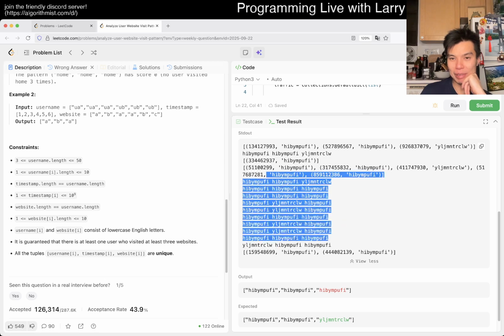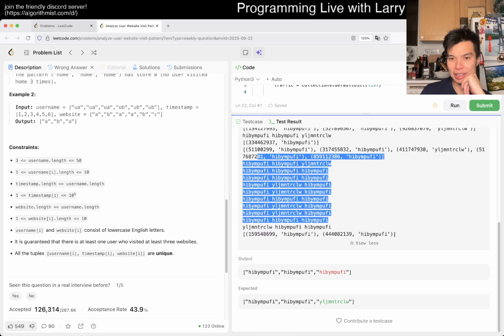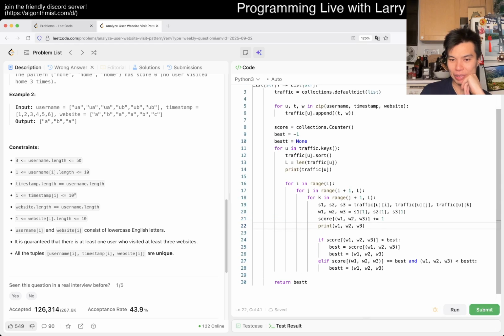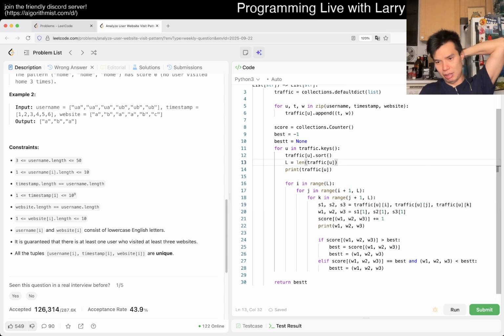But these are ordered combinations, right? Do I have any typos? Maybe I should confirm that I don't have any weird typos before. But yeah, IJK on the U, right.